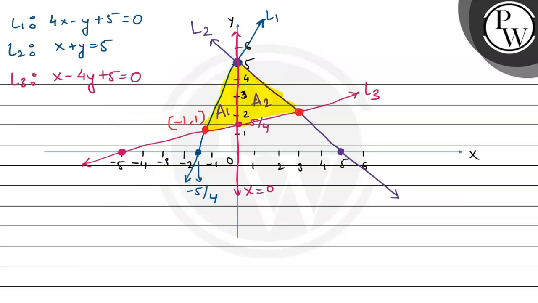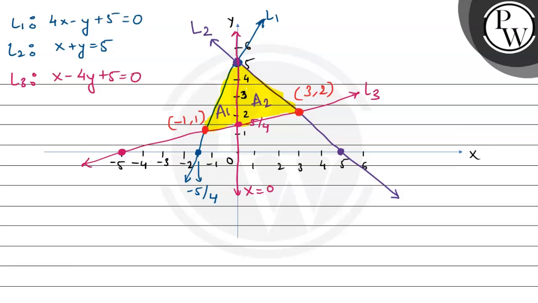So the point has coordinates 3 comma 2. To get the area A1, we will vary x from minus 1 to 0, and to get area A2 we will vary x from 0 to 3.